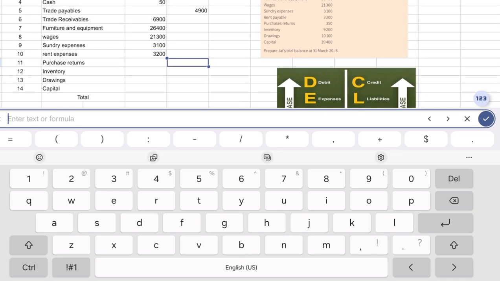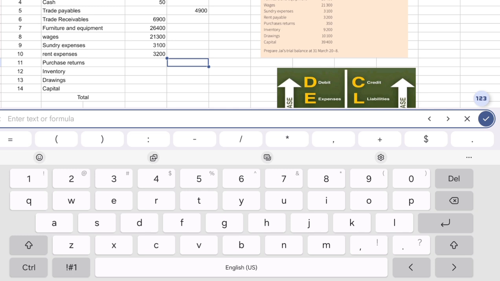The next item is purchase return. Do you know what purchase return means? Suppose you buy goods from a supplier, but some goods are damaged or not as per your requirement.